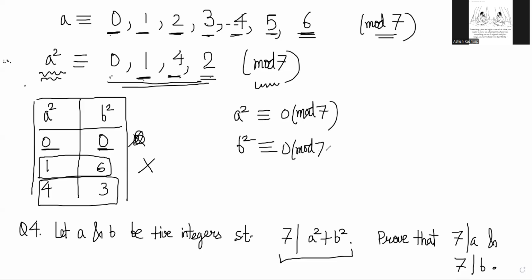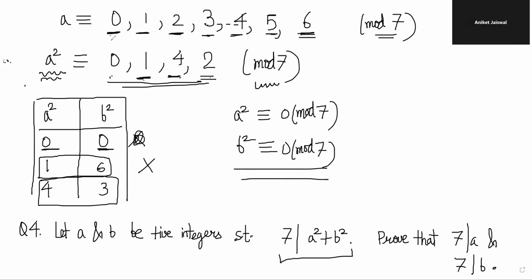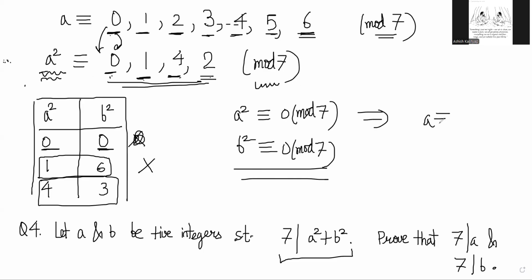None of the other possibilities will work. हाँ, 7 डिवाइड्स ए एंड 7 डिवाइड्स बी। A square 0 तभी आ सकता है when A is 0 mod 7 and B is 0 mod 7.